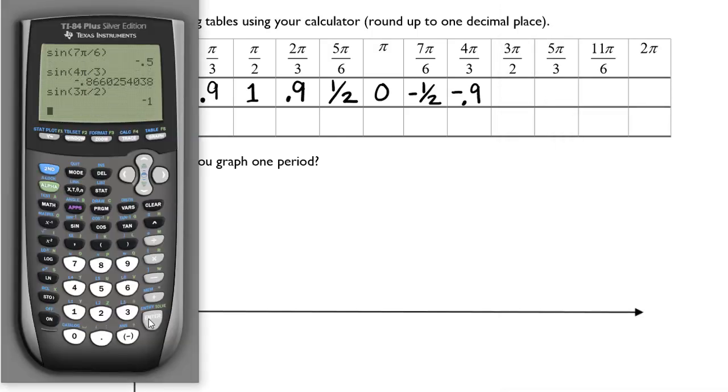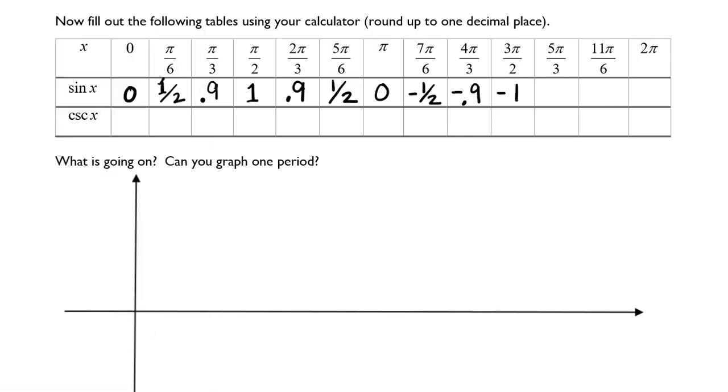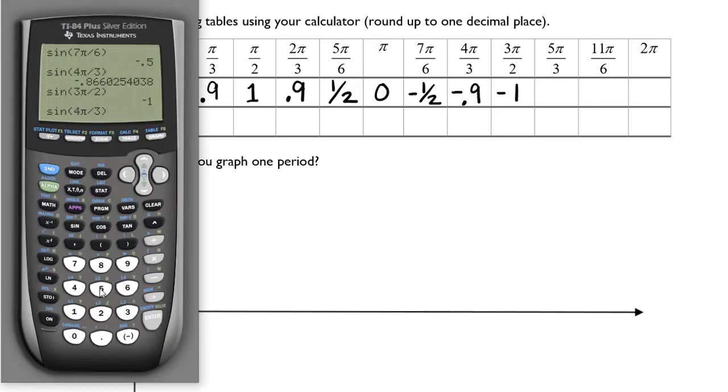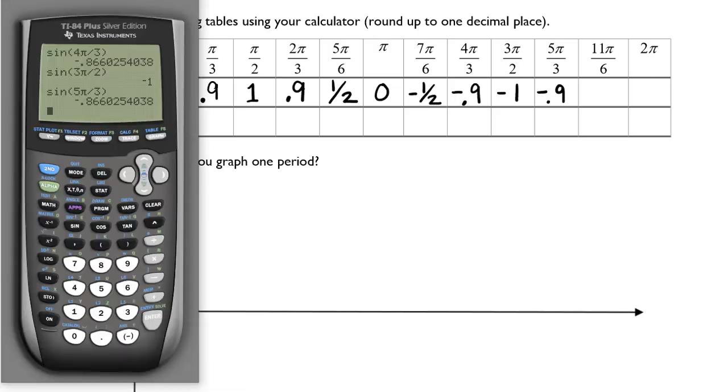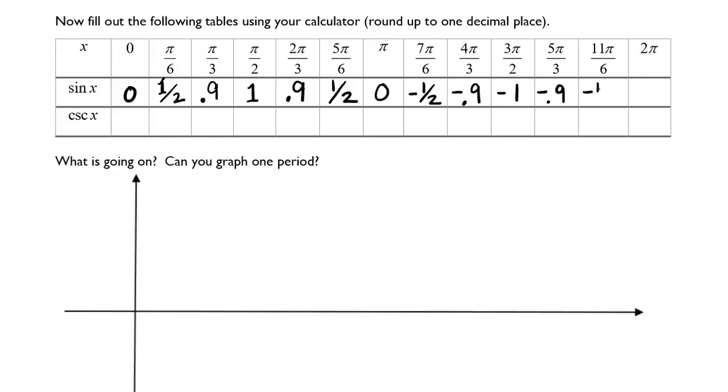So sine of 3 pi over 2 is negative 1. 5 pi over 3 is negative 0.866, or negative 0.9. 11 pi over 6 is negative 1/2. And sine of 2 pi is 0.